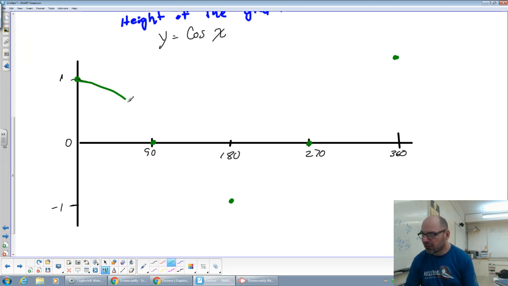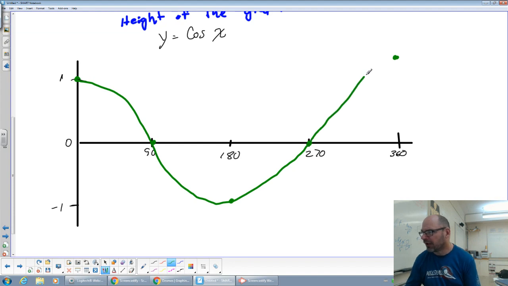It gives you that same smooth curve that you get, the same, except it's just shifted over and starts at a 1 instead of a 0. Again, we still have a max value and a min value.